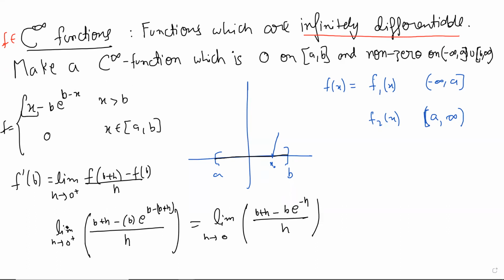So the derivative should exist, and it will be 0. I just want to verify it through the calculation also, to see where it is wrong. So b plus h minus b. Did I not put this b? Yeah, that was a simple point which I was missing. So x by h.